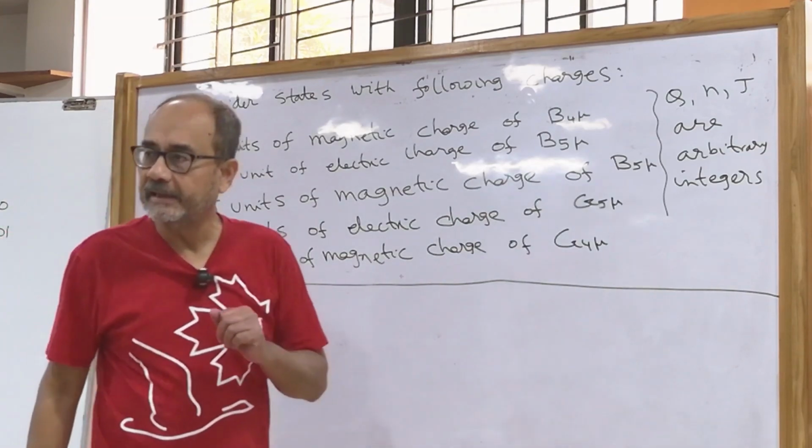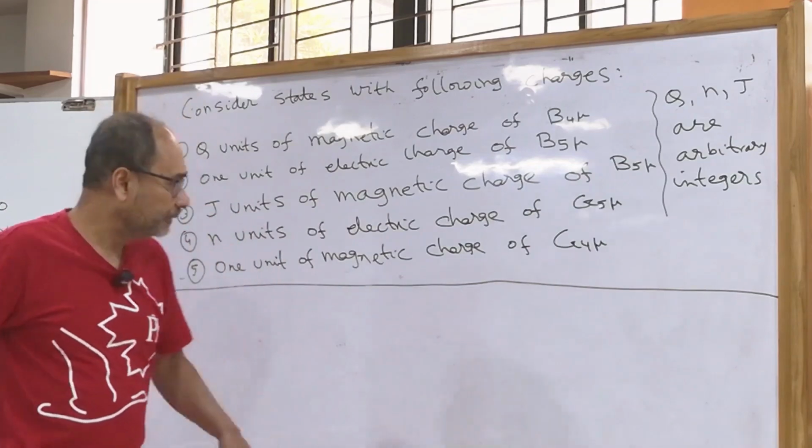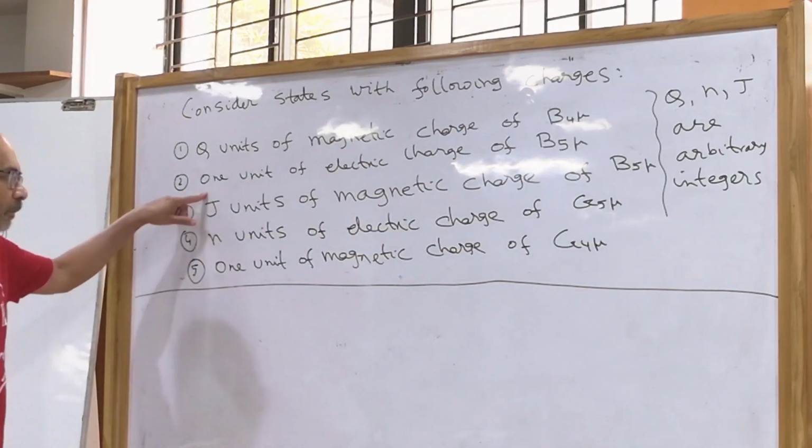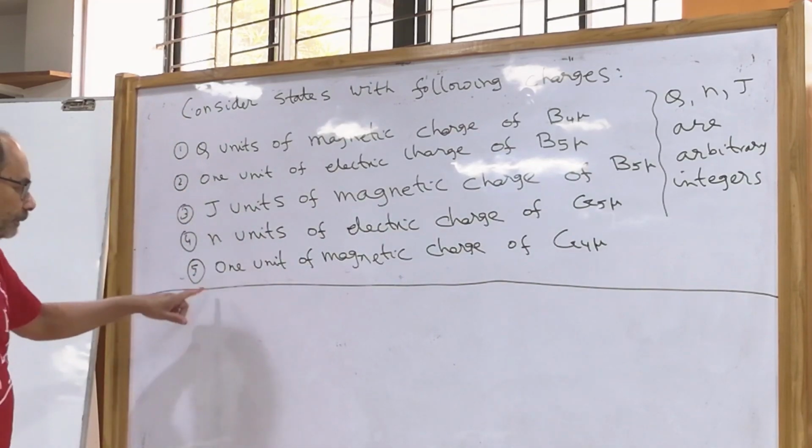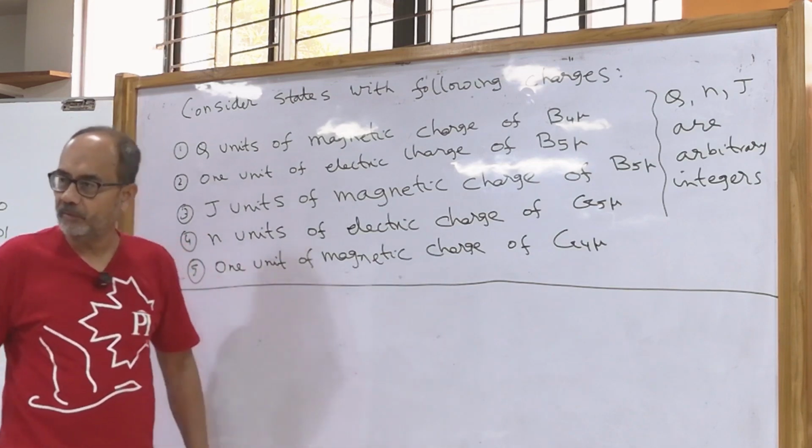Is that what you meant? Okay. And then some charges are just 1, right? Here 1 unit of electric charge of B5 mu and 1 unit of magnetic charge of G4 mu.